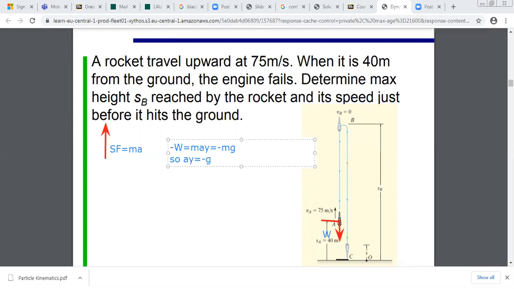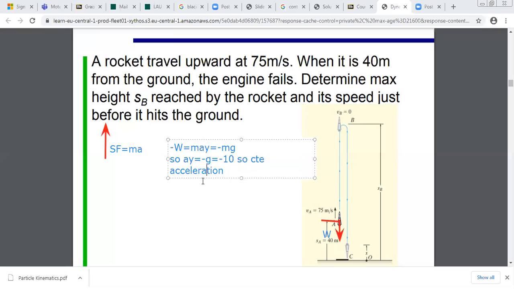So I am in the case which is minus 10 or minus 9.81. So I am in the case of a constant acceleration. When you have a problem where the acceleration is constant, you can apply all relations we have developed together.